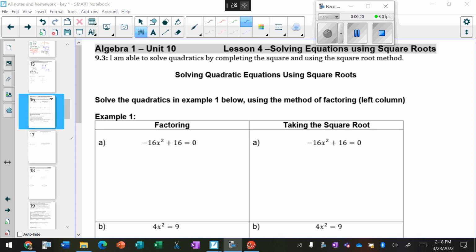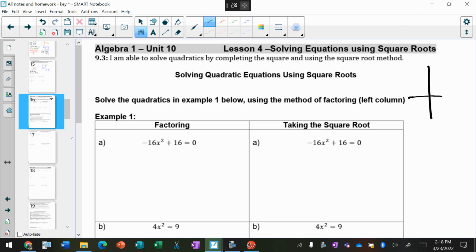I'm going to show you a second method of how to find the roots. Actually, I guess it's the third method. Remember that the roots of a quadratic equation would be the x-intercepts if we found them on a graph.